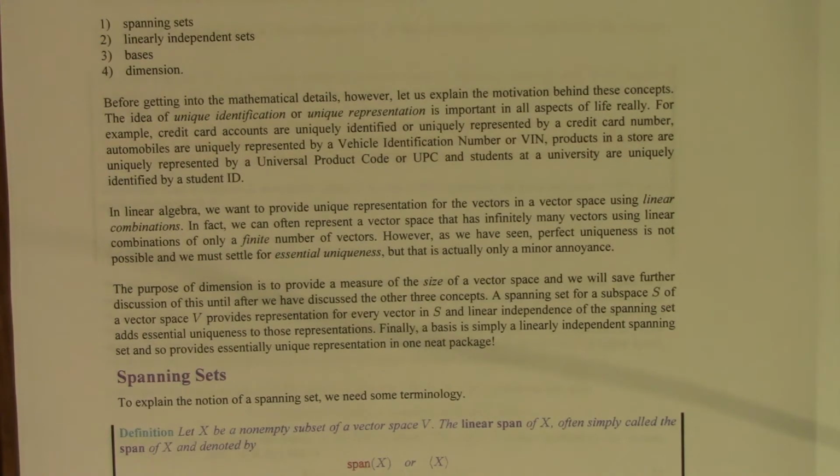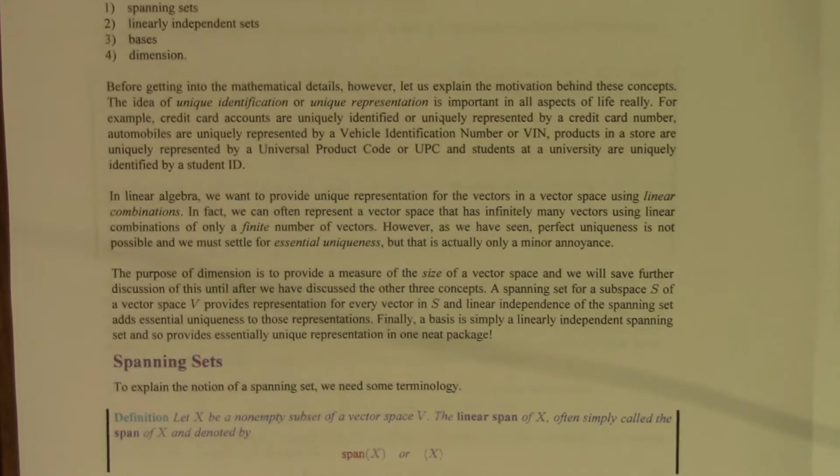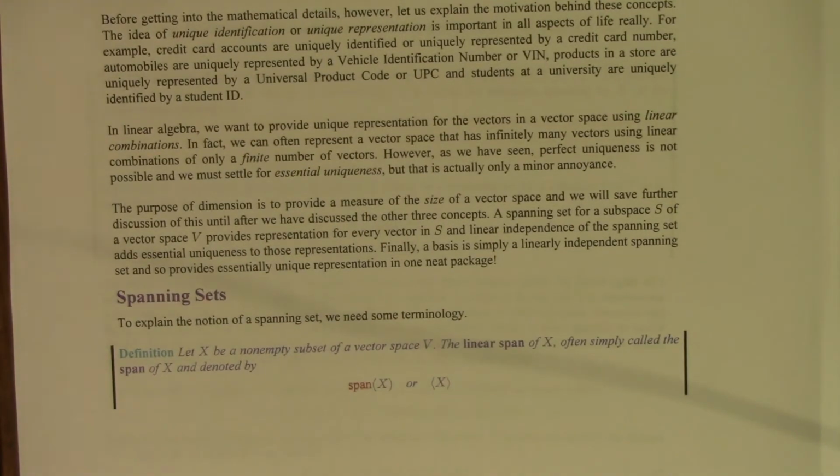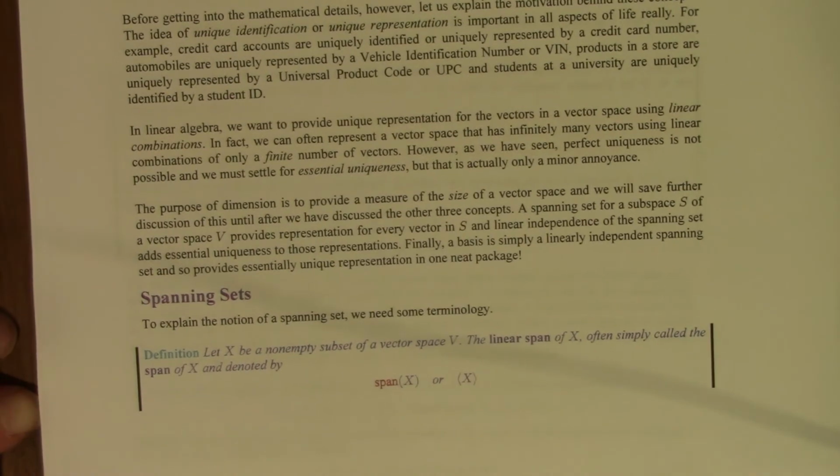And a basis is simply a linearly independent spanning set, so it provides essentially unique representation, which is our goal, in one neat package. So let's look at these concepts.